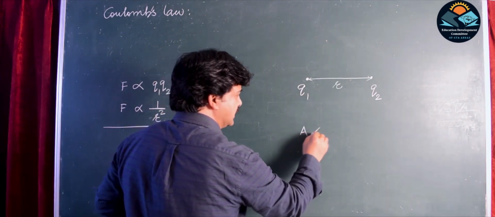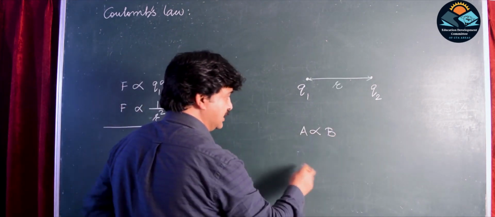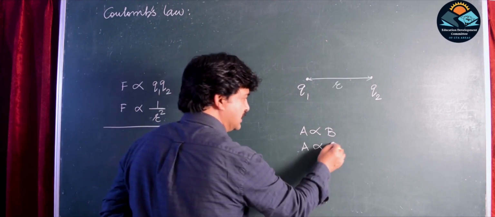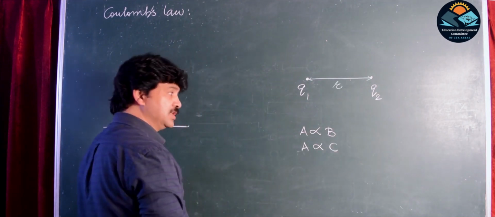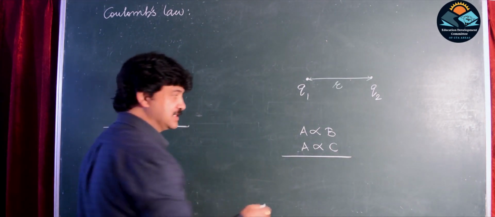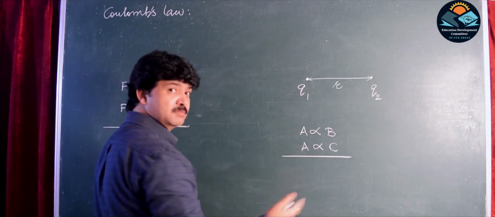If a quantity is directly proportional to another quantity, like A is proportional to B, and the same quantity is proportional to another quantity C, then according to the theory of joint variation, what we do is this. Here we are neither adding nor multiplying.